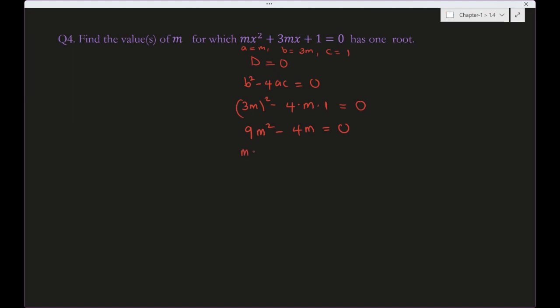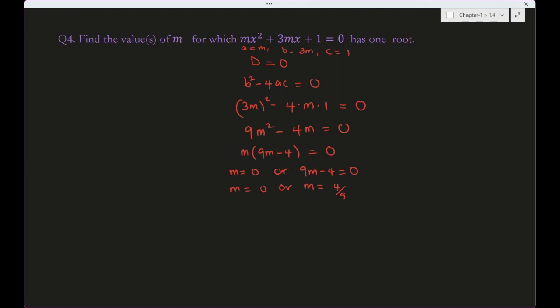And here we can take m as a common factor so that you have m times 9m minus 4 equals 0. So it means m equals 0, or 9m minus 4 equals 0. And this simply means m is 4 over 9, or m equals 0.